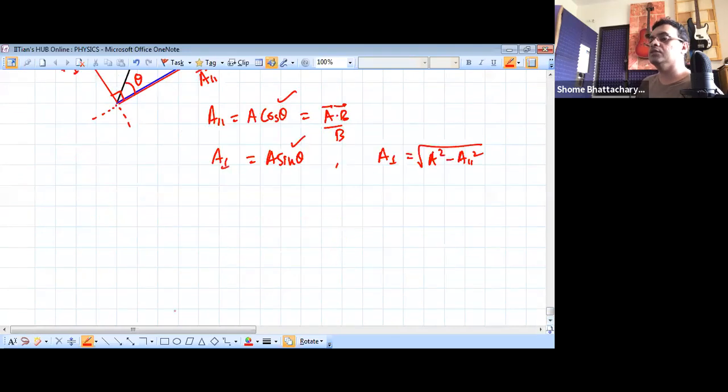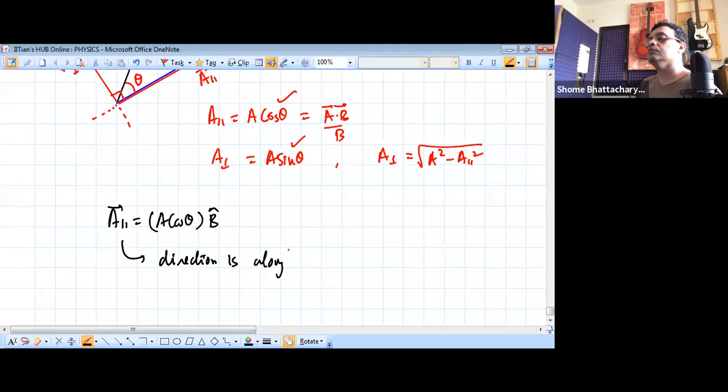Now, as far as unit vector is concerned, we can see that the parallel component of A will be A cos theta into B cap because its direction is along B. So B cap will be vector B divided by its own mod.